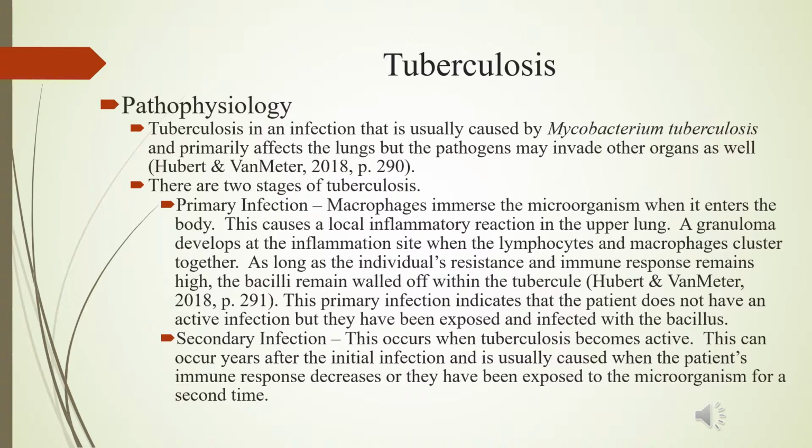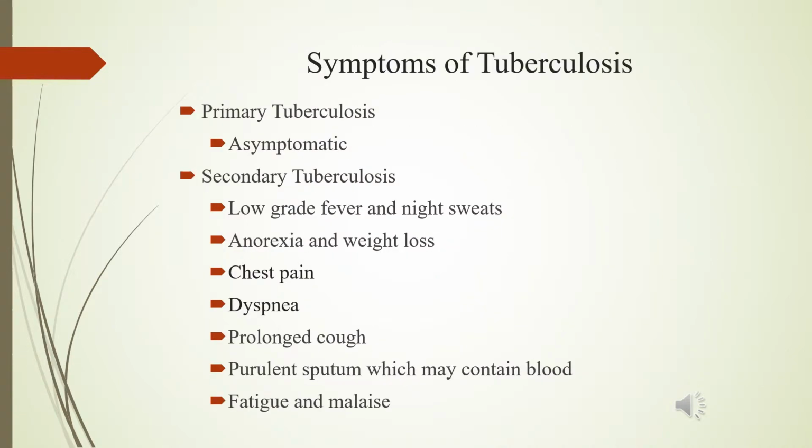The second stage of tuberculosis is the secondary infection. This occurs when the tuberculosis becomes active. This can occur several years after the initial infection and is usually caused when the patient's immune response decreases or they have been exposed to the microorganism for a second time.